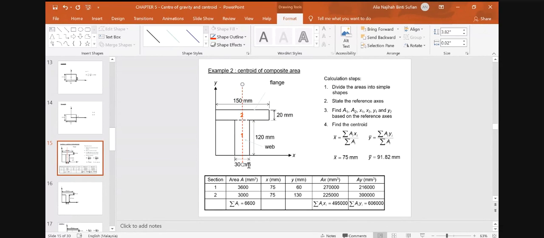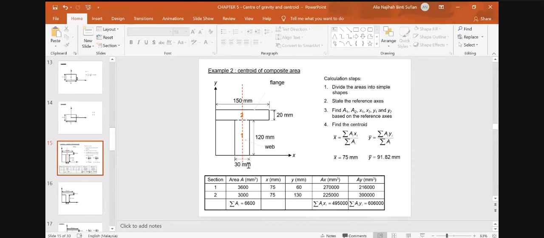So for x bar, for section number 1, we have x bar is half of 150 millimeter, which is 75.